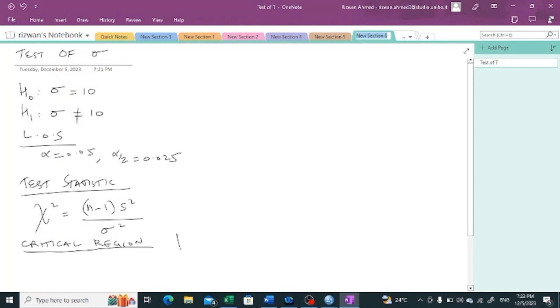And for this we need to draw the chi-square curve, where we need to introduce two rejection zones, first one on the right tail part under the curve and second one on the left hand tail part under the curve.